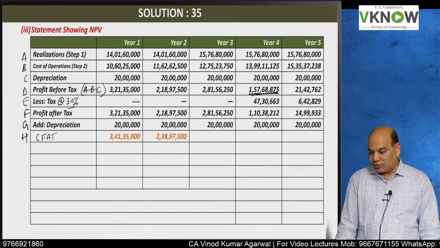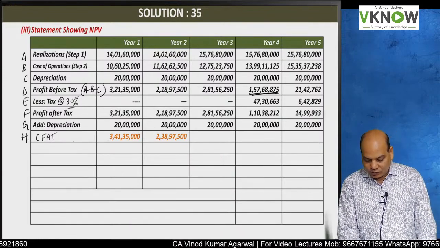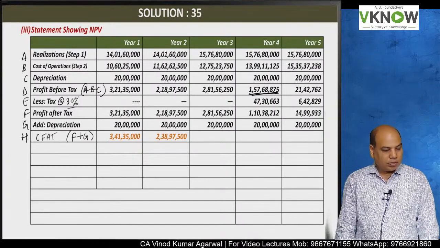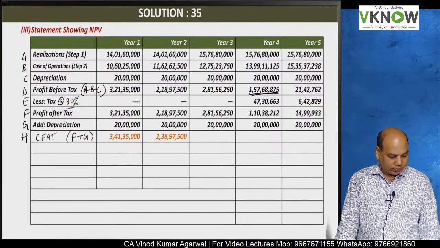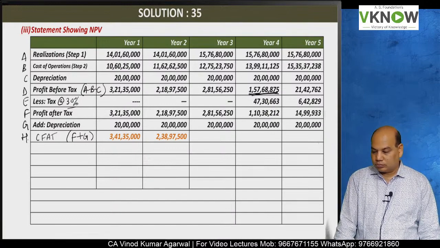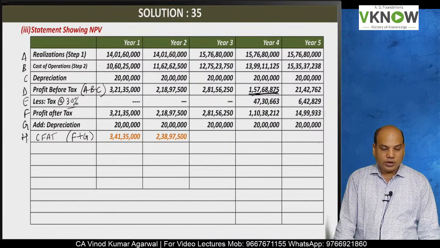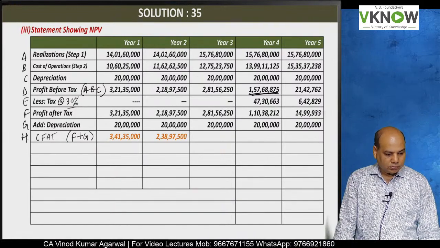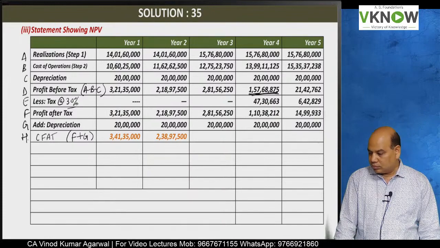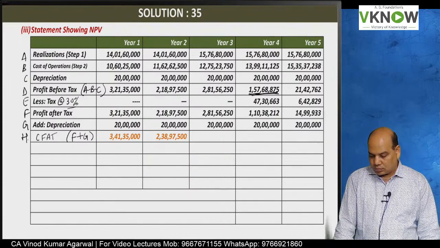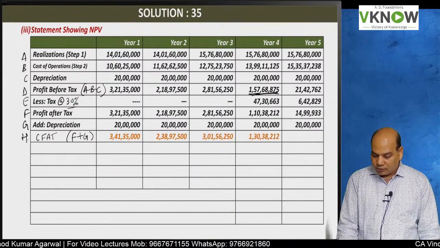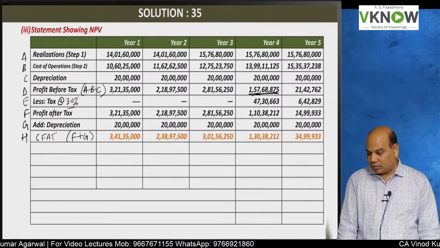Write down point number G, CFAT, F plus G. First year, second year, third year, fourth year, fifth year.